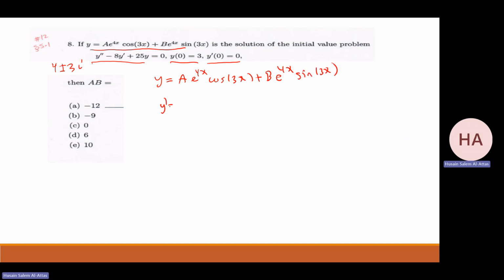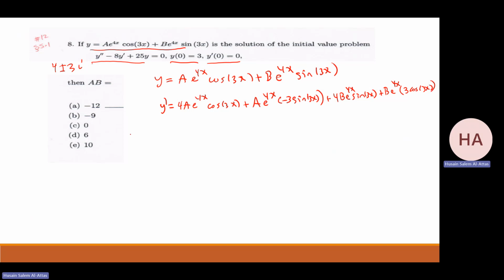Yeah, I need the product of two functions. Be careful. For A: e^(4x) cosine 3x plus A e^(4x) times minus 3 sine 3x, plus for B: e^(4x) sine 3x plus B e^(4x) times 3 cosine 3x.